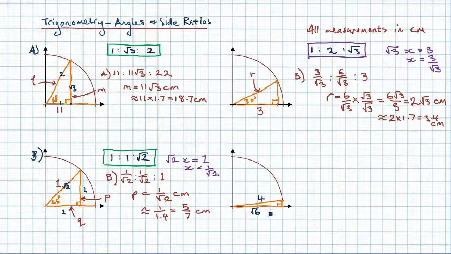And if we add then the square root of 2, we know that the square root of 2 is about 1.4, to 2 significant figures. So if we add the square root of 6 to the square root of 2, we are going to get roughly 3.9. 3.9, as I say, isn't the exact figure, but root 6 plus root 2 is.